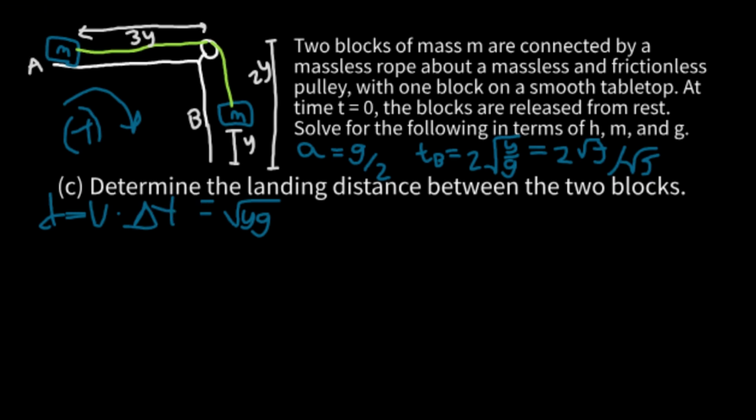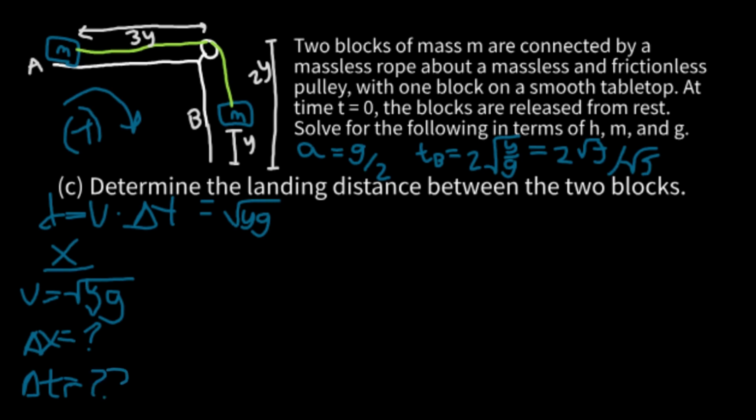So in the x direction, we know that velocity is constant, and it is the square root of yg. We know acceleration is 0. We don't know delta x, so that's just going to be a question mark. We're solving for delta t right now. Delta x is the ultimate goal, so we're going to put 2 question marks there since we're solving for that.